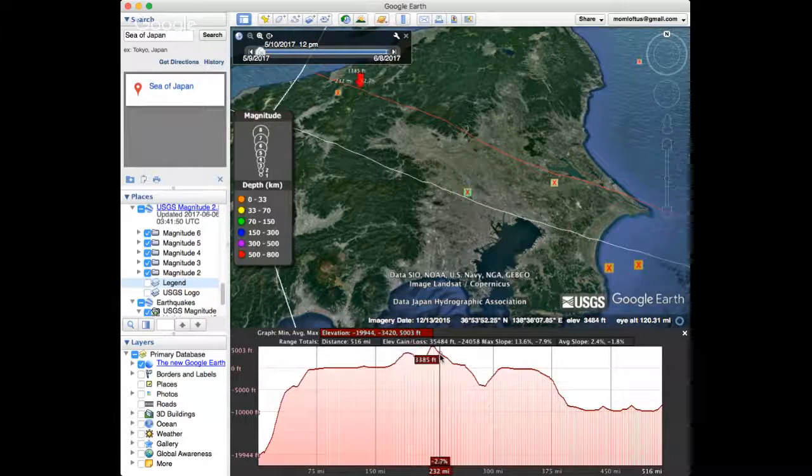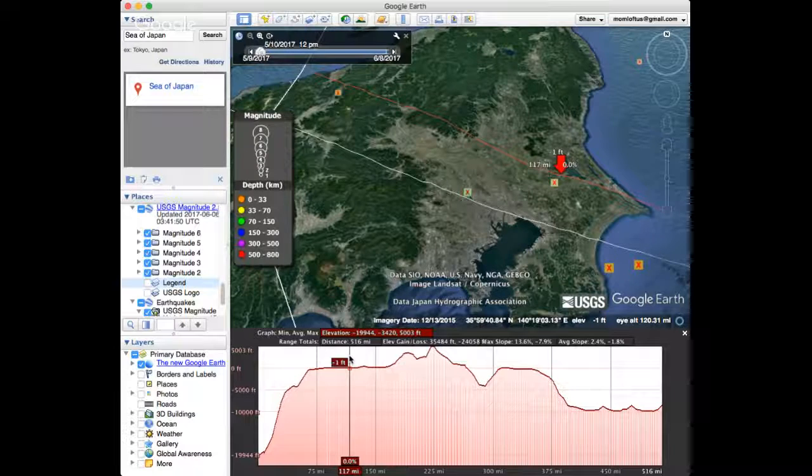Let's go back to this area here. Is that a better spot? Yeah, that works. So we got 120 miles away. I have 43.25 miles depth and a 4.5 magnitude.